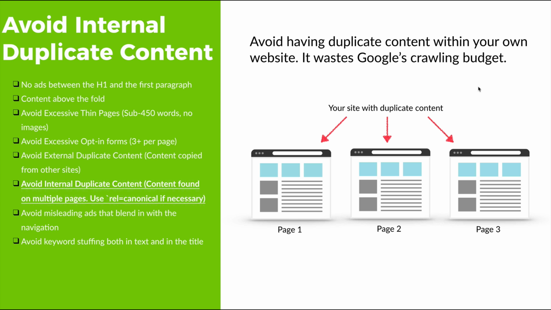So the big idea is you want to have as many unique pages on your website as possible. You want to avoid duplicate content, whether it's coming from other people's websites, which is the worst case scenario, or just coming from you, where you're repeating the same content over and over. Avoid both of those. If you must have it, use rel canonical.